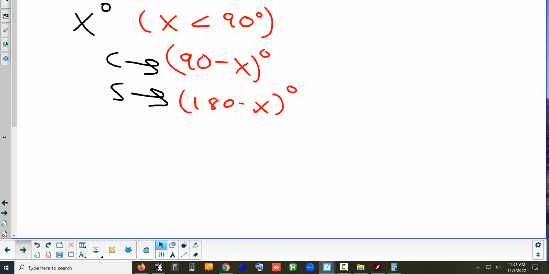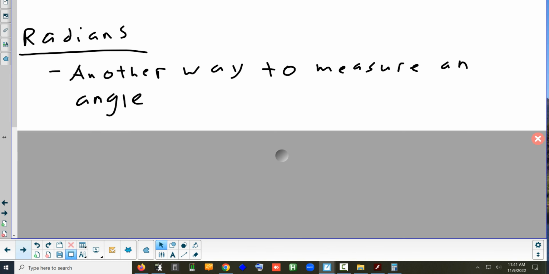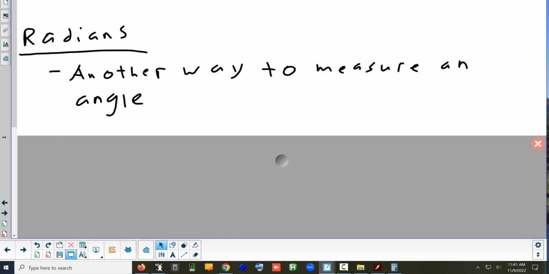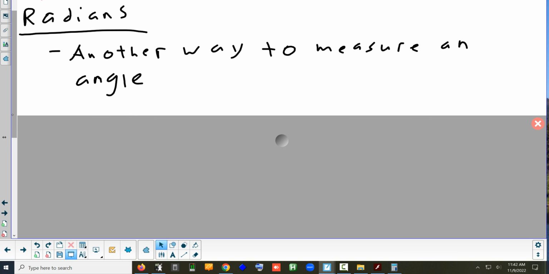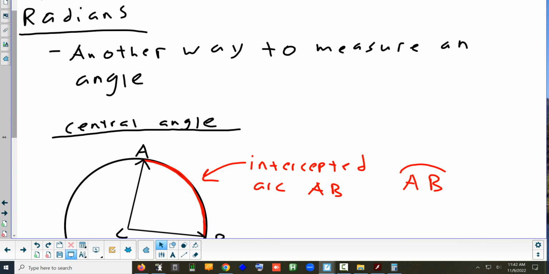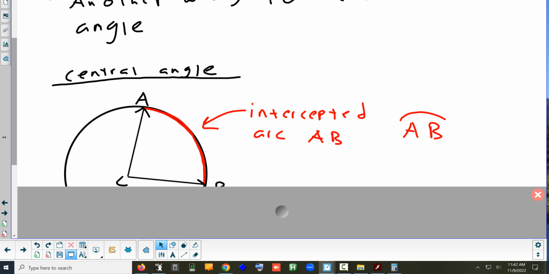Okay, so last thing. Another way that we can measure an angle is in radians. If you look at the word radian, it has a lot of letters in common with the word radius. I'll tie those two together in a minute. But a radian is another way to measure an angle. So look at that picture.